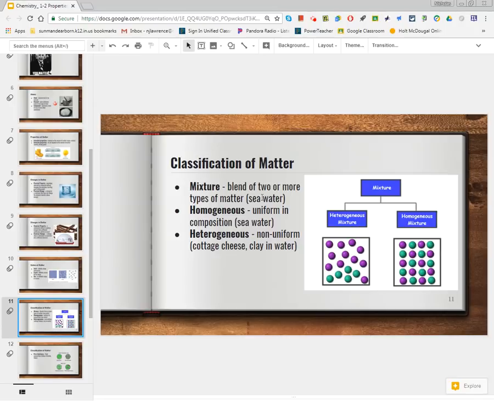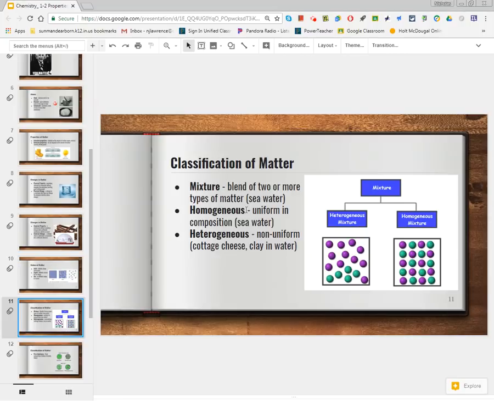Seawater is going to be salt in water. So the sodium and the chlorine are salts, but when they go in the water, they don't actually react with the water. They just simply intermingle with it, and you have water, salt, water, salt, water, salt, water, salt, hence making a mixture. If we're going to classify it beyond just a simple mixture, now we can classify it as homogeneous, or some people say homogeneous.